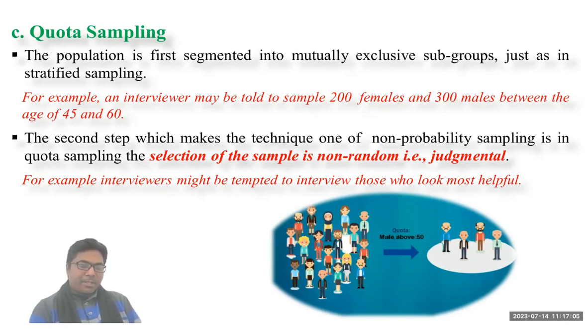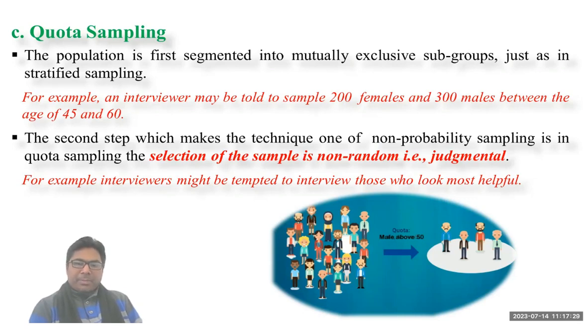That means here the researcher is free to include the one whom he or she feels fit to be included. So that's what makes this particular method a non-probability method.